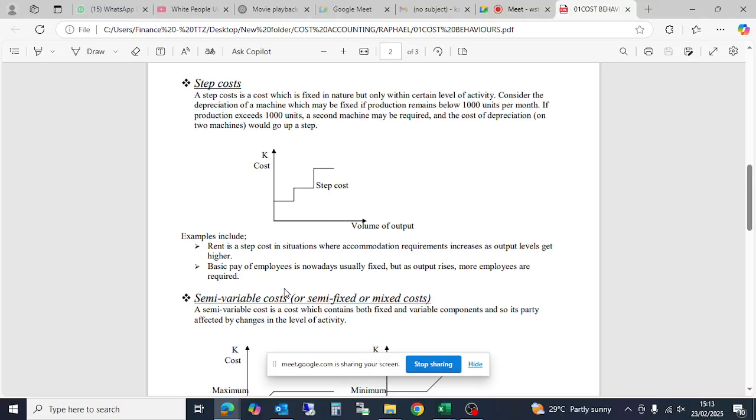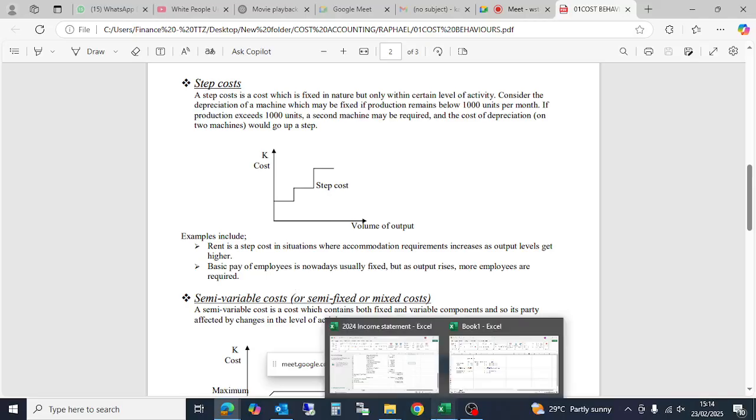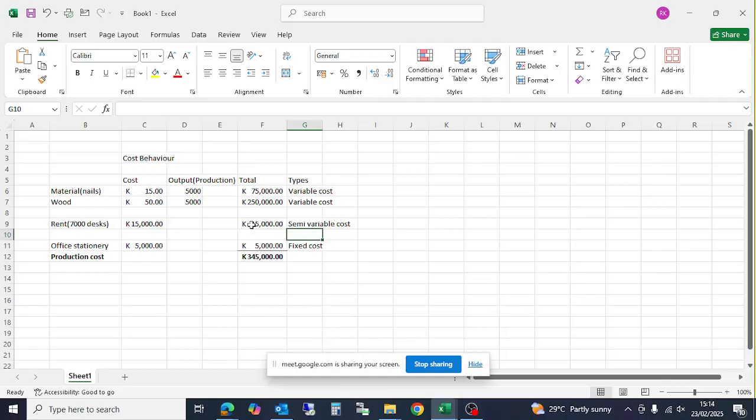But a semi-variable cost is more like a step cost that happens once. It has a fixed component. It's fixed for a certain level of activity, like the example I gave you. I have the perfect example here. You see this 15,000 kwacha that we pay.